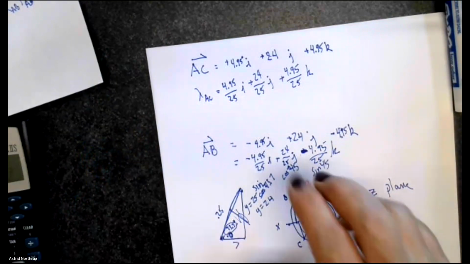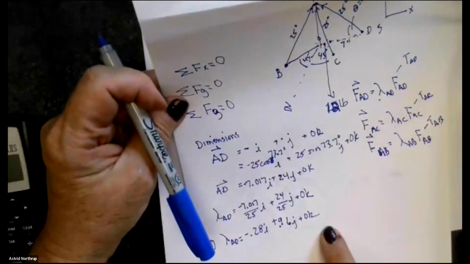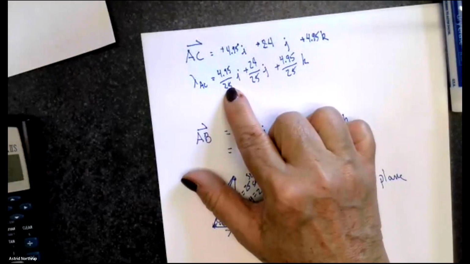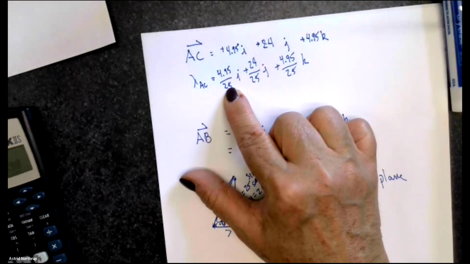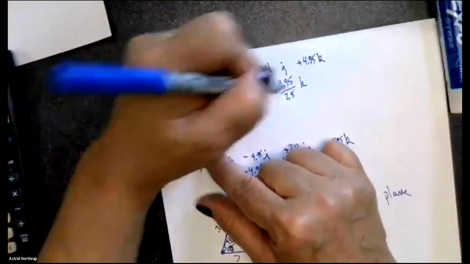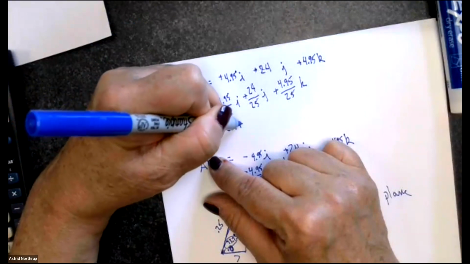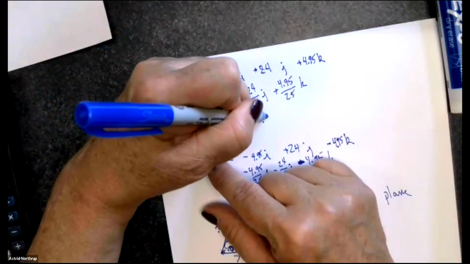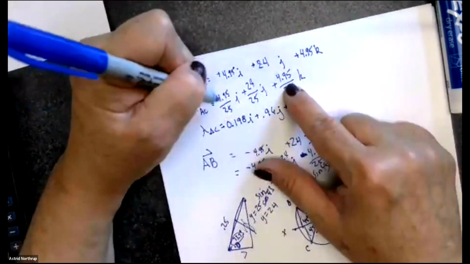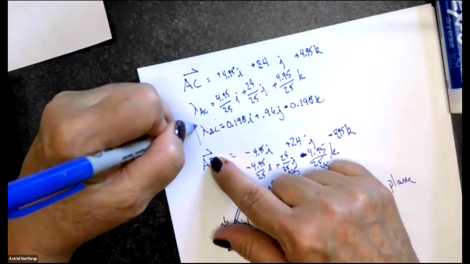So now I have my three vectors. I just want to simplify those a little bit, just like I've simplified these to a decimal number. If I take 4.95 and divide by 25, I'll get just under 1/5. So lambda AC is 0.198I plus 0.96J plus 0.198K, that same number. Okay, so there's one of my lambdas.